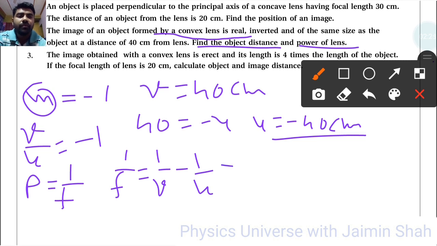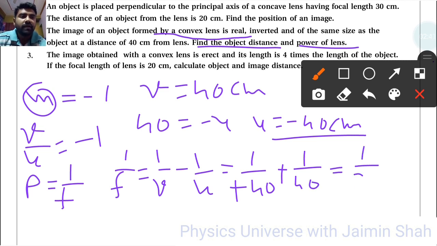So 1 upon v is 1 upon 40, and 1 upon u is minus, which becomes plus, 1 upon 40, so it is equal to 2 upon 40, so 1 upon 20. That is in centimeter.